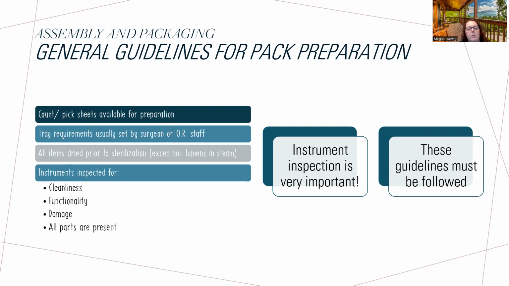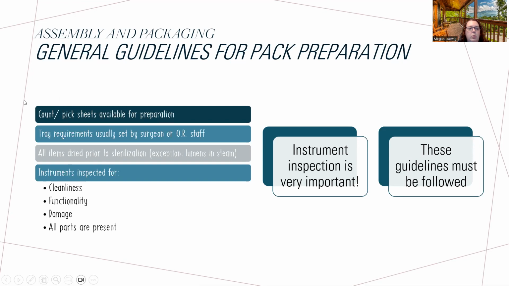Sometimes they're called different things in different facilities, but in our facilities, it's typically printed off, and then you can go down the list and make sure everything that should be in that particular tray is in the tray. Sometimes it's done by a barcode scanner. You scan it in as you place it in the tray. So there could be a lot of ways you could see that done.